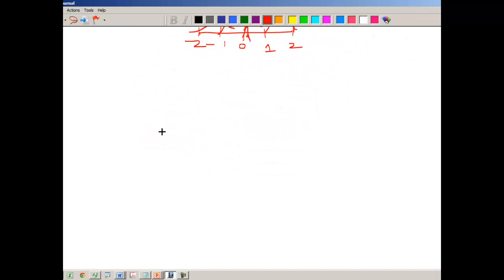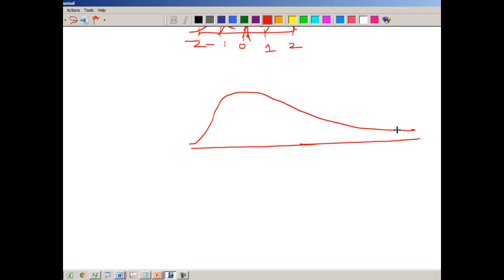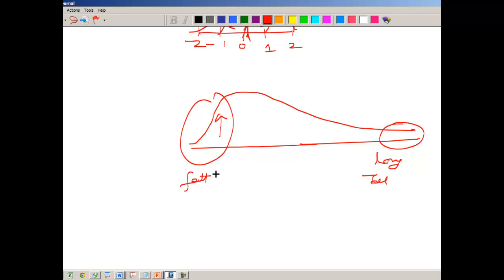Now in a practical scenario, we do not see a symmetrical distribution. We can see a distribution like this. There is a long tail on the right side, and a fatter distribution here as compared to this. This type of distribution, where the long tail is on the right, is called a right skewed distribution.